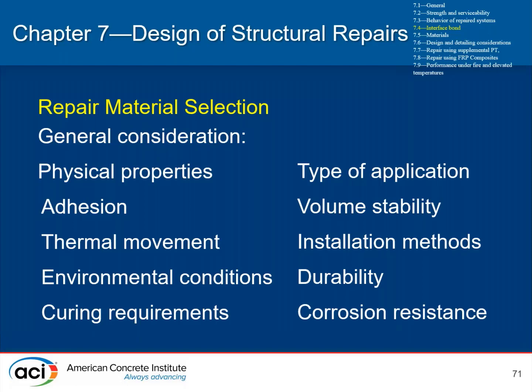Other parameters, obviously durability, corrosion resistance. Sometimes if you're using cathodic protection or other service life extension measures, the electrical properties or the resistivity of the repair material comes into play and becomes very important as well.